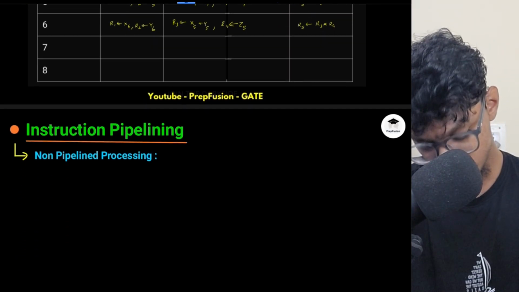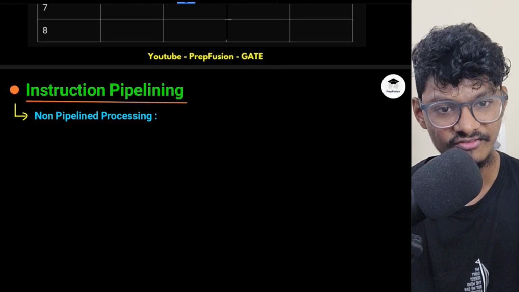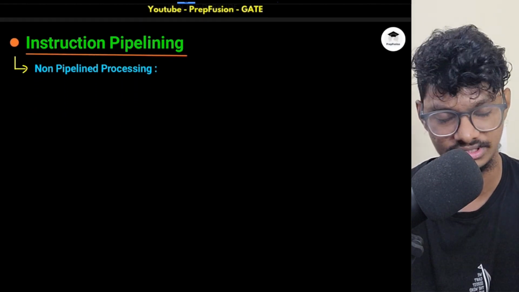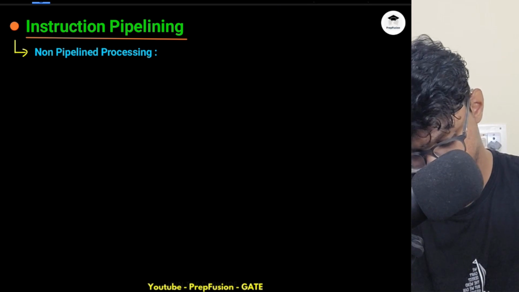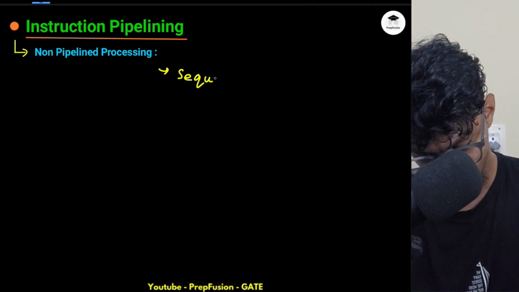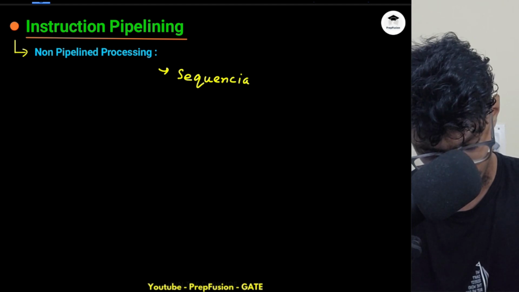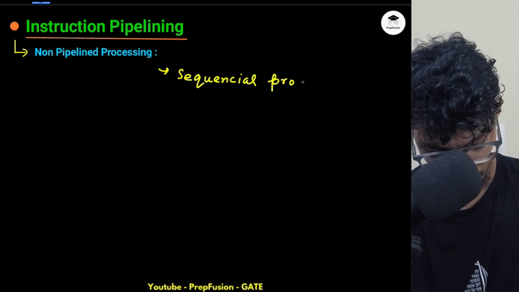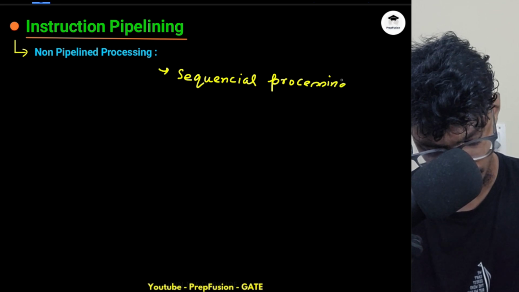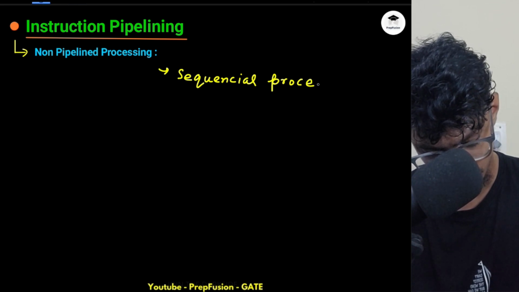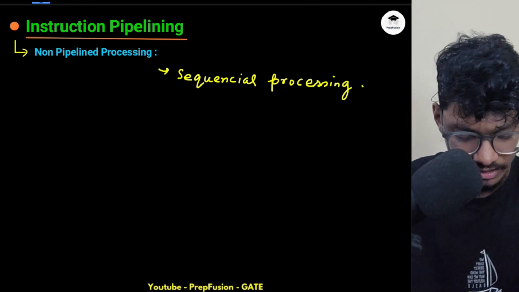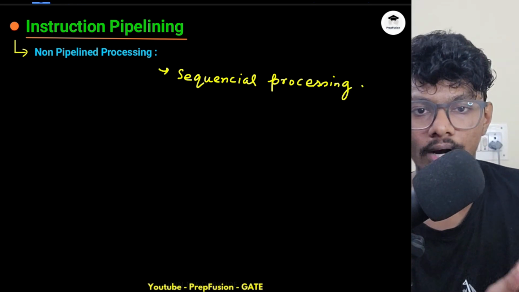So now let's do a basic comparison. If I would have used a non-pipeline processor, that is sequential processing, what does that mean?